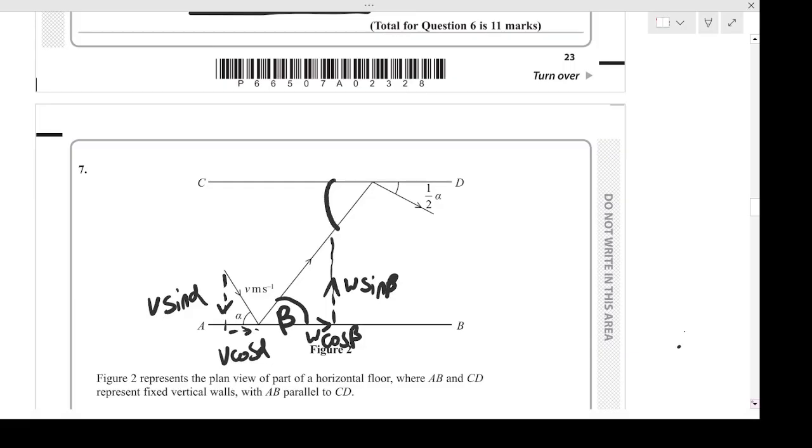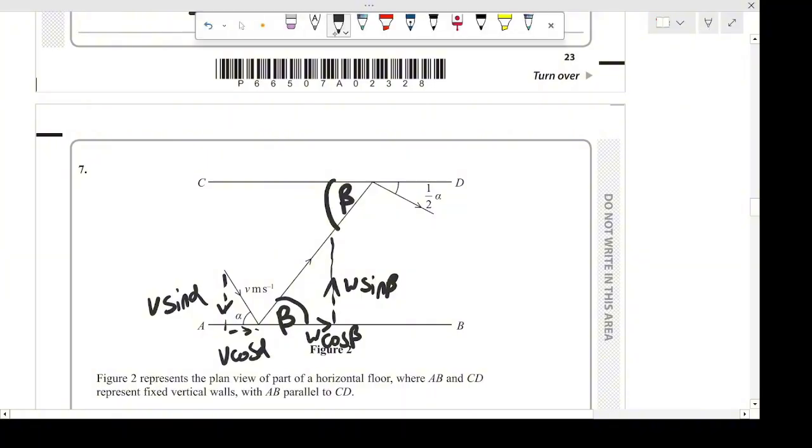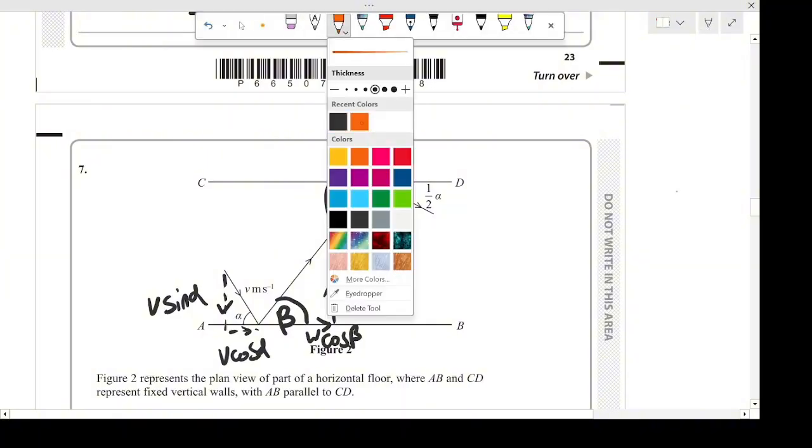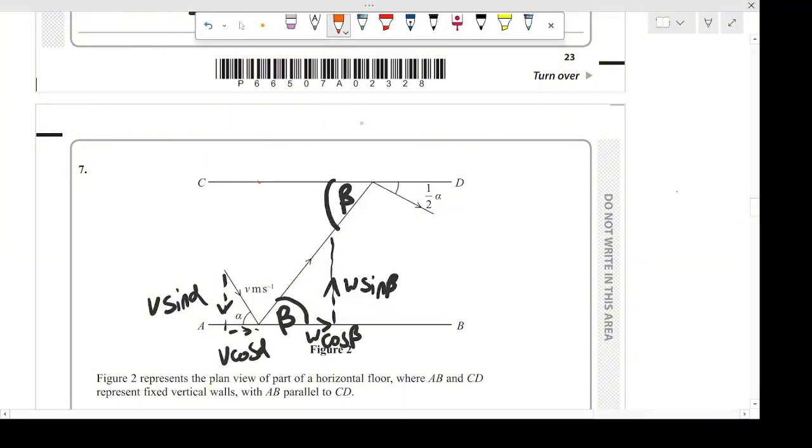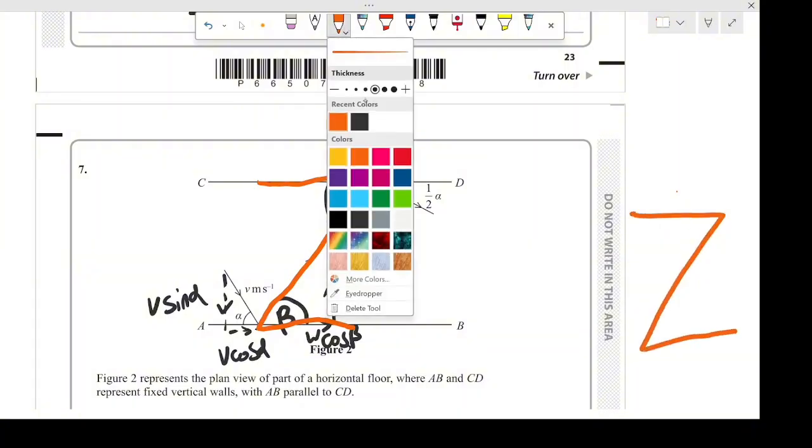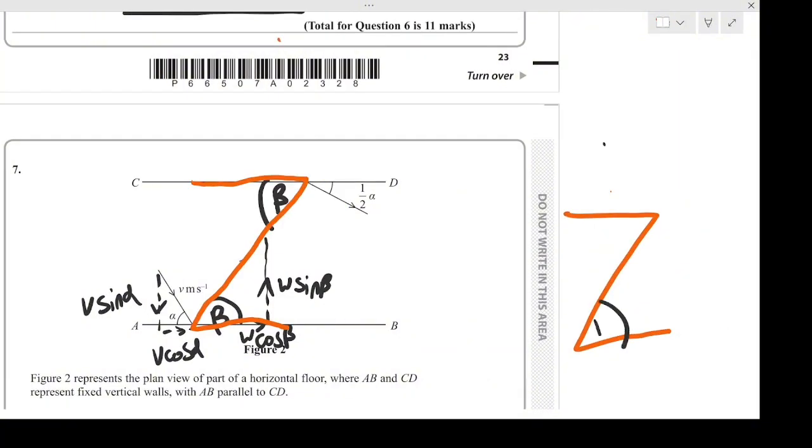This angle here then, well actually this angle's also going to be beta, because hopefully you can spot we have Z angles, right? We have a Z shape if I draw it here. Hopefully you can see that. So if I draw it over here, hopefully you can see even clearer, because this angle's beta, right?